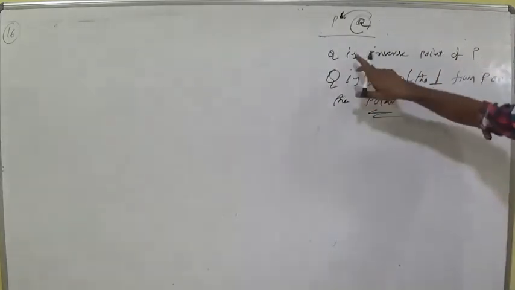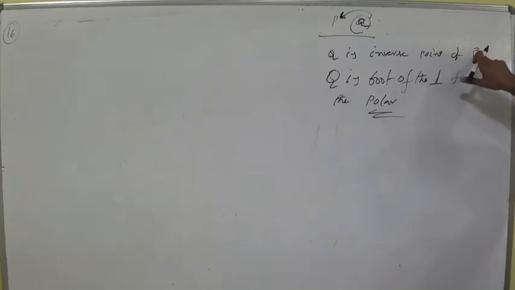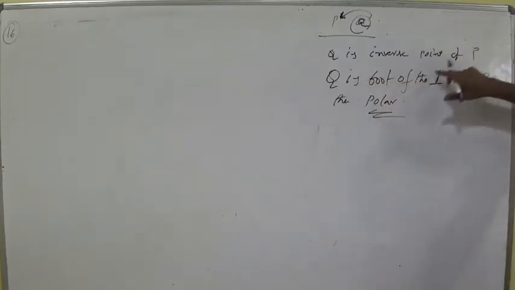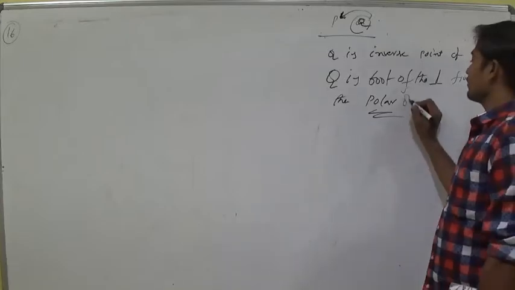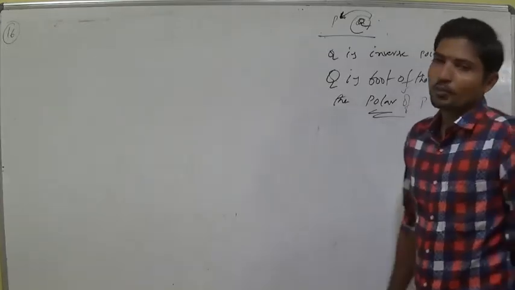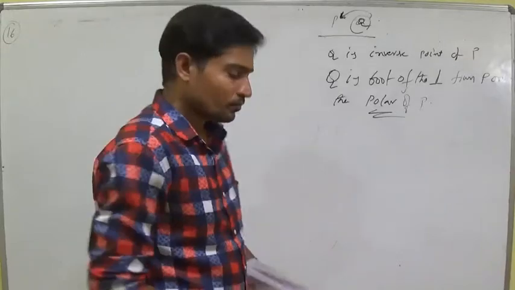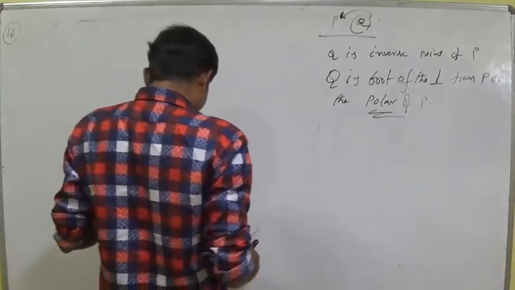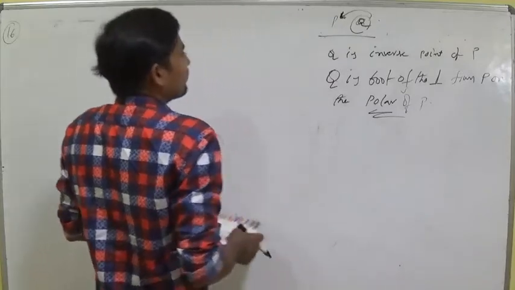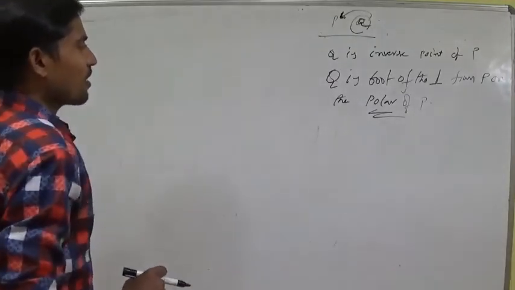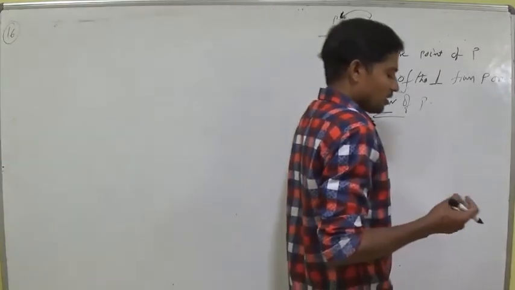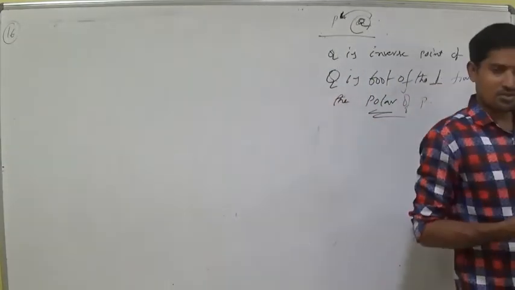Understand? Q is the inverse point of P. Q is the foot of the perpendicular from P on the polar of P. So next, that means we have to find the perpendicular distance.